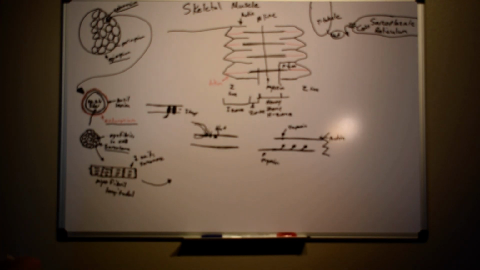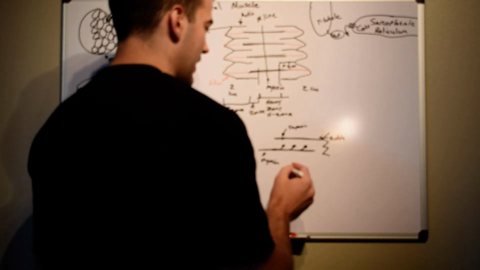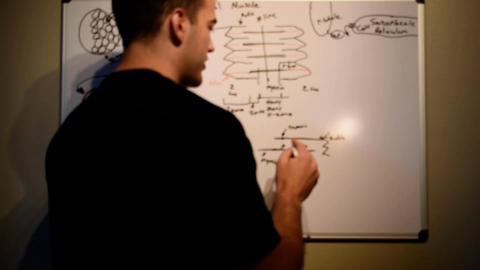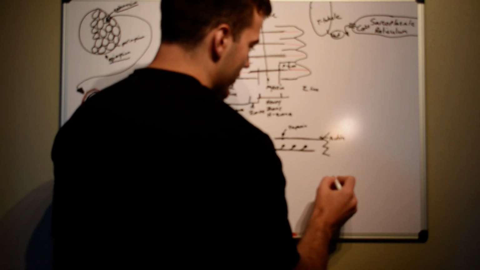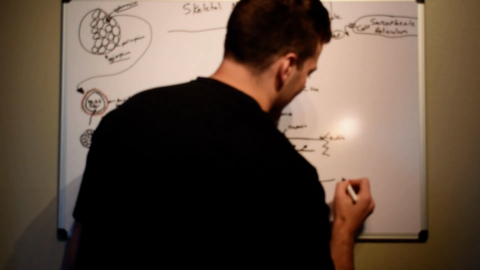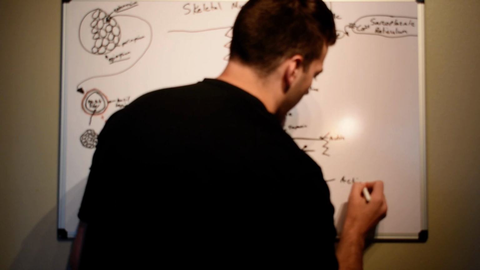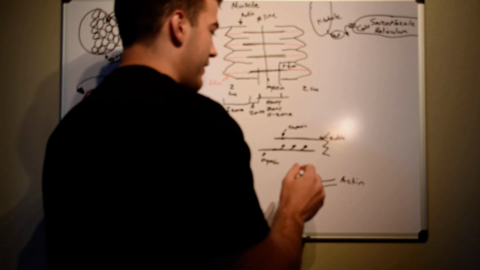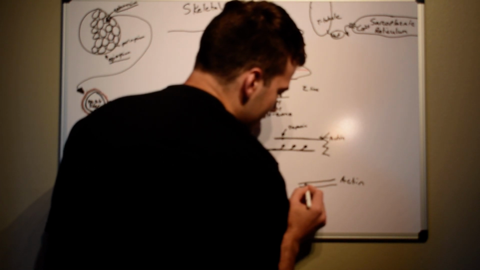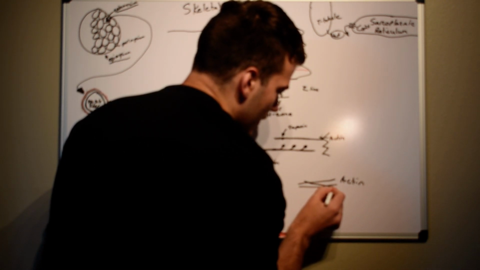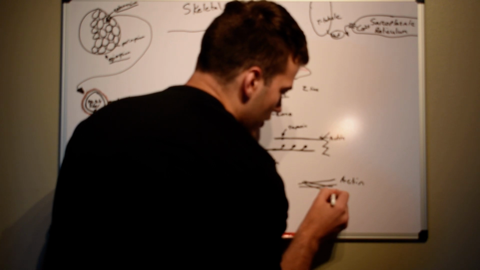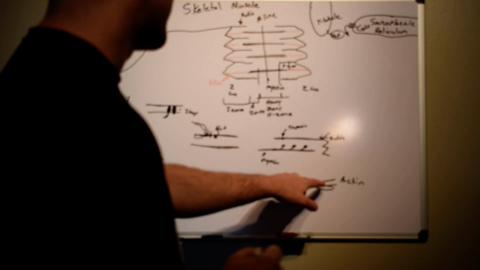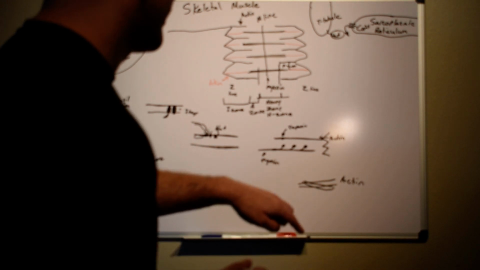It's a protein, and what that does is it undergoes a conformational change. If we zoom in even more on the actin filament, let's say this is blown up a little bit, you're going to see these other fibers wrapping around the thin filament.